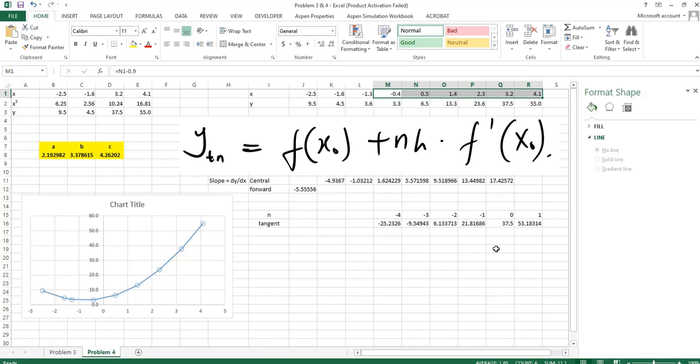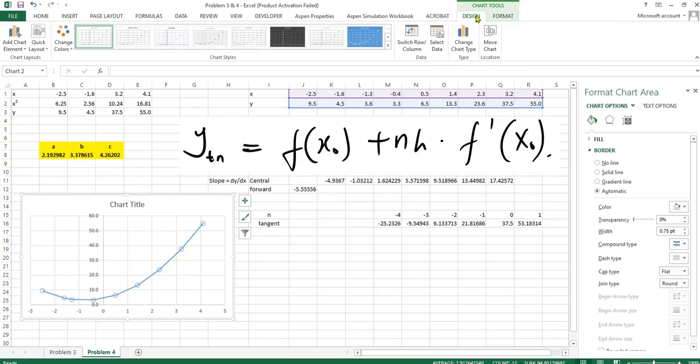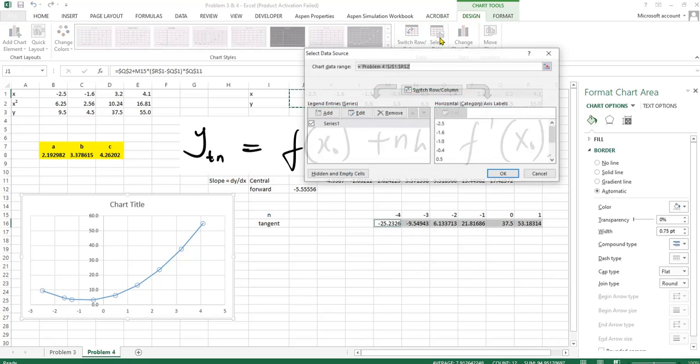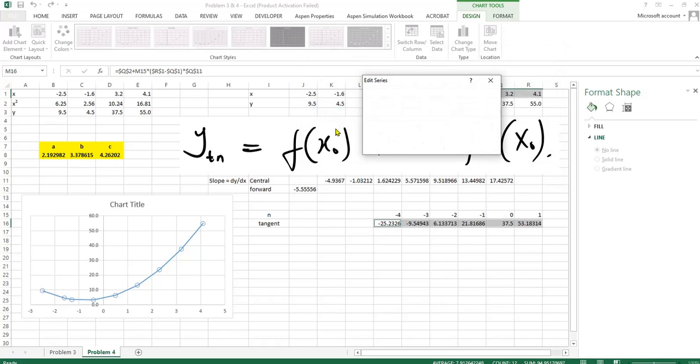I'll press the control key, select M16 to arrow 16. Okay, no, sorry. I needed to select this first. Go to design tab, press select data, add another series. I'll call this series tangent.